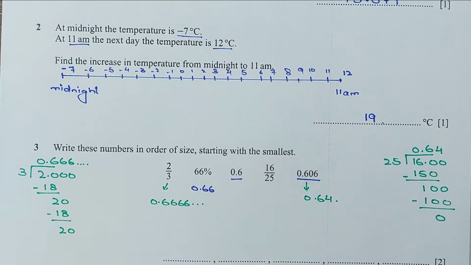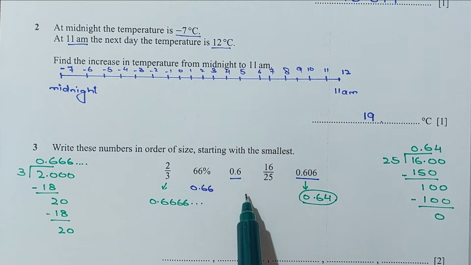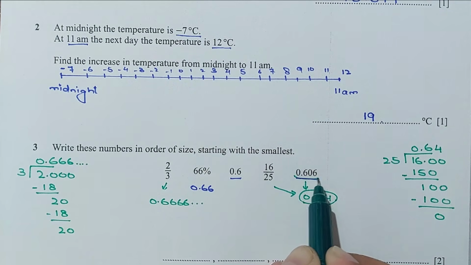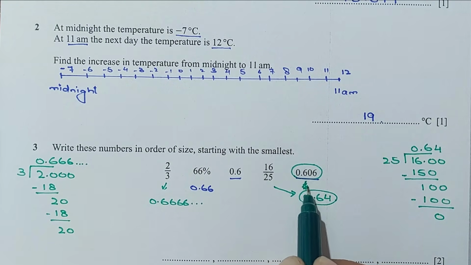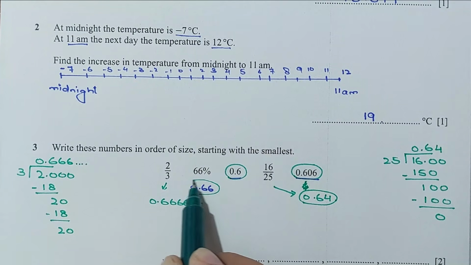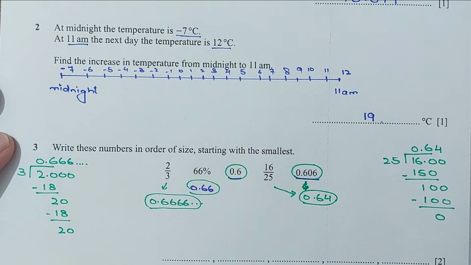Now let me arrange them. This one is 0.64, and we have these numbers: 0.606, 0.6, 0.66, 0.6666. So what do you think?